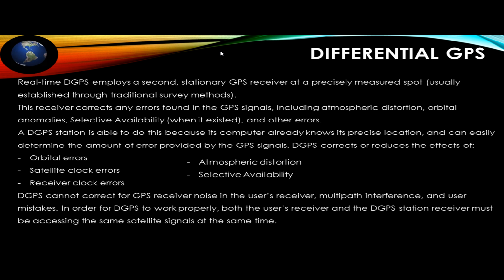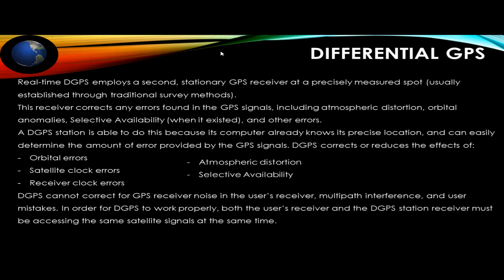So some traditional surveying methodology has been used to get this differential GPS information. This receiver corrects any error. If we have this real time location information, we'll be able to correct a lot. If we only had previous stationary information, we may not know how it has gone further. But when we have differential GPS, we are able to track the previous things and the current things also.